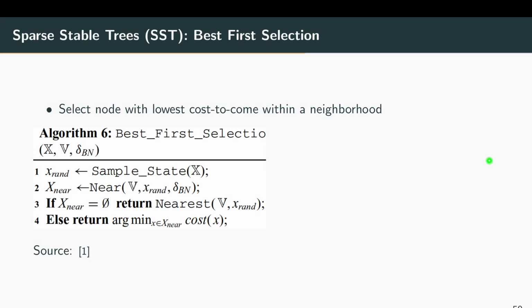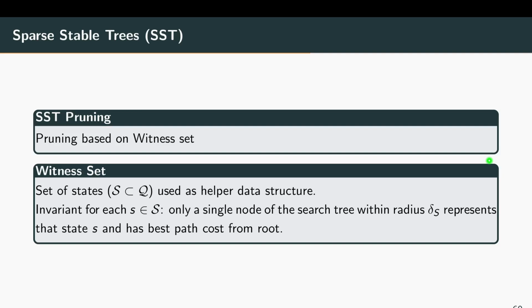Okay, so now we kind of discussed this best first selection. And then the next important change is that pruning step that basically decides, do we add something or not?